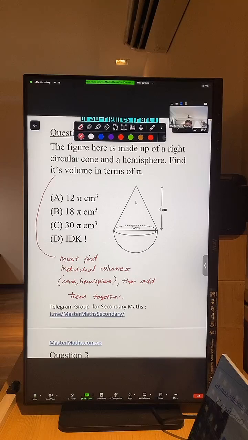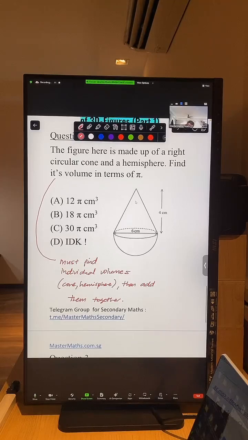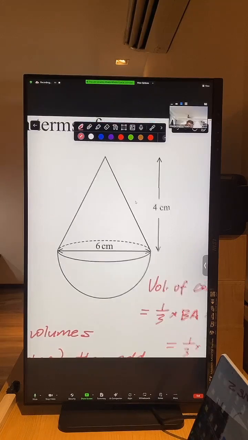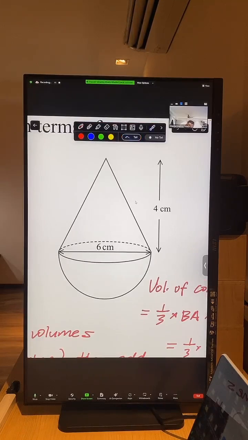For a cone, we know that the volume of a cone is 1/3 times base area times height. What is the base area for the cone here? If you look closely at the cone, the base is a circle.